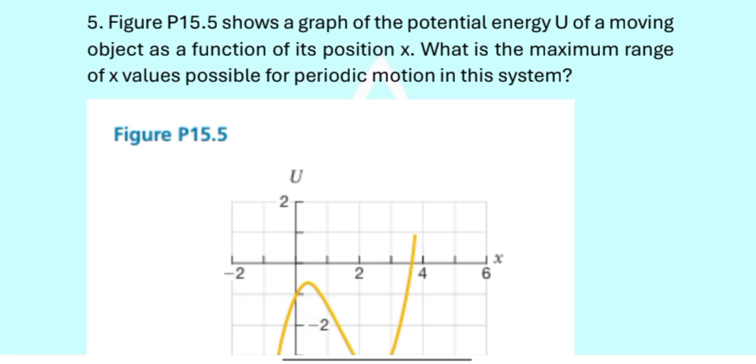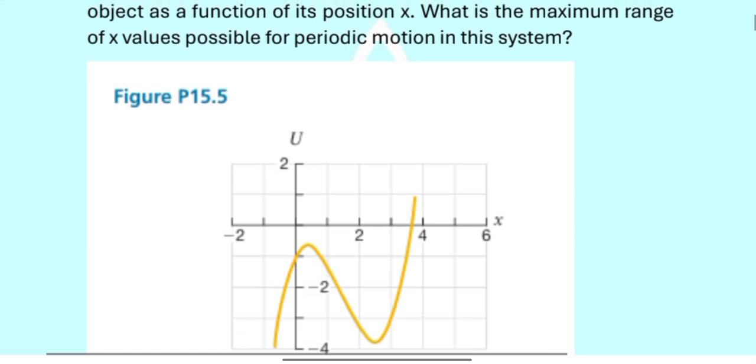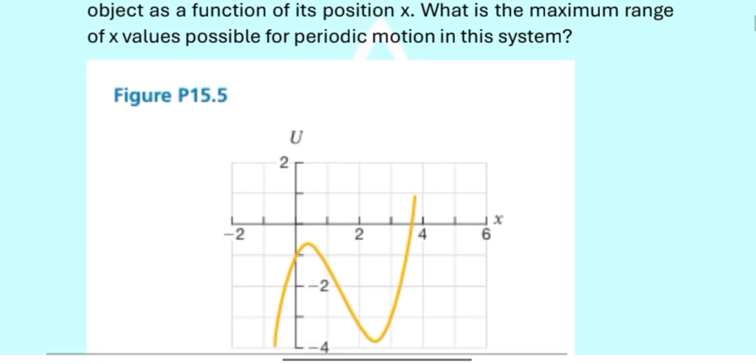Before we answer this question, let me explain what this question really means. You can try to answer it on your own first before I explain. So this graph just shows the relationship between potential energy and the position of a moving object.